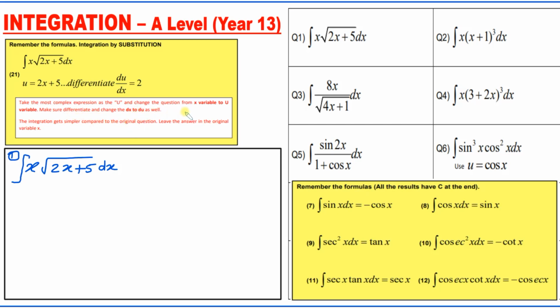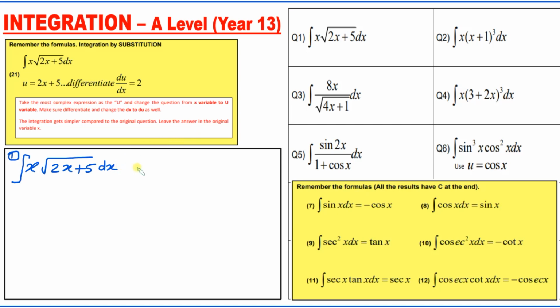Change the question from the x variable to a u variable, and u is the substitution. Make sure you differentiate dx to du as well, and change the entire question to du, so the integration gets simpler compared to the original question. Leave the final answer in your original format.